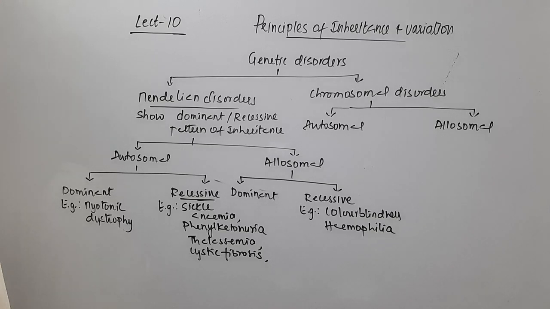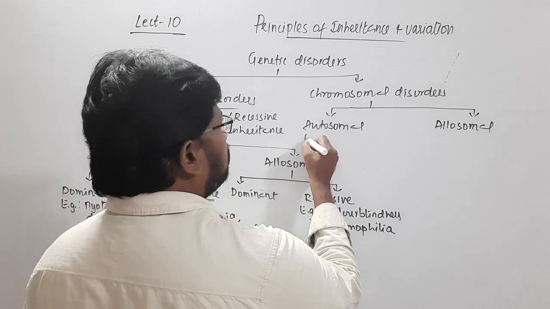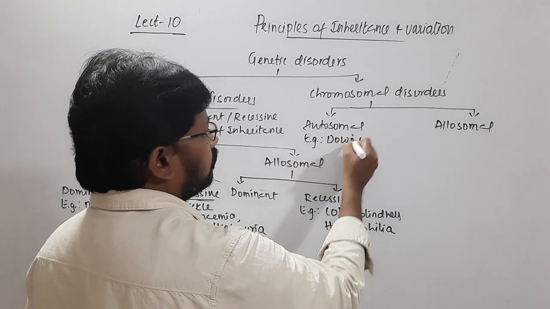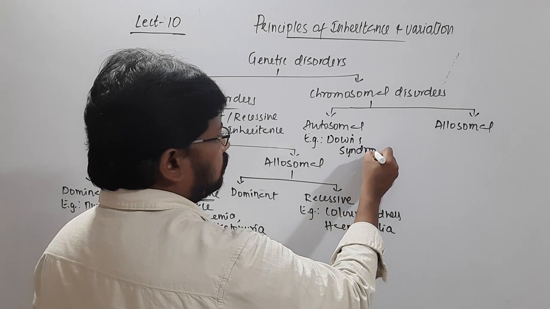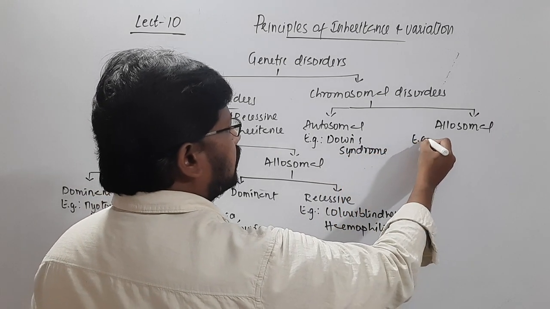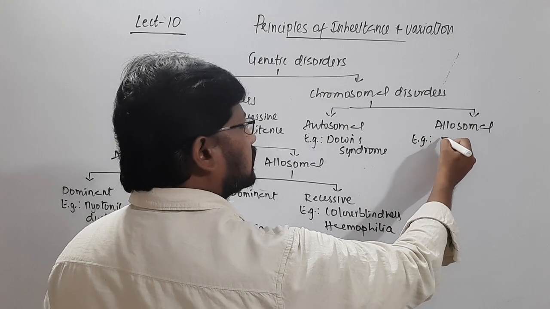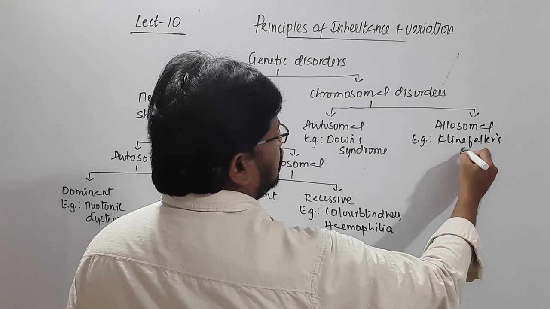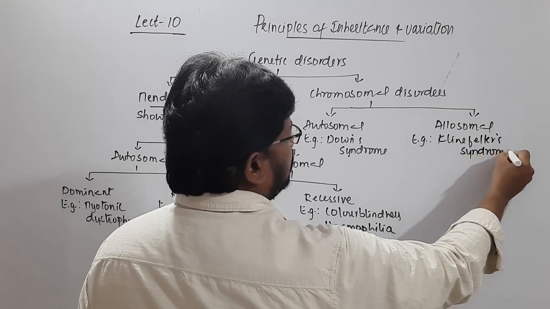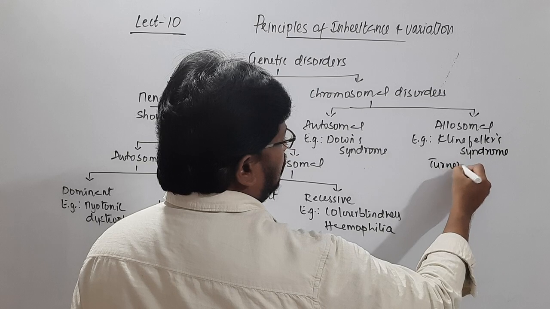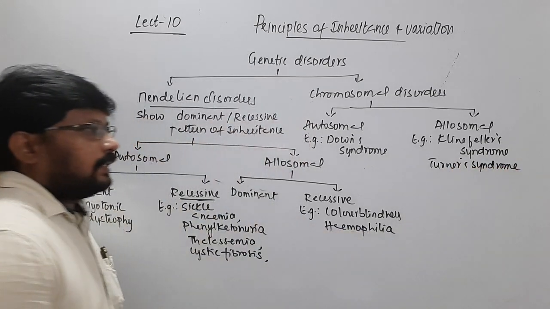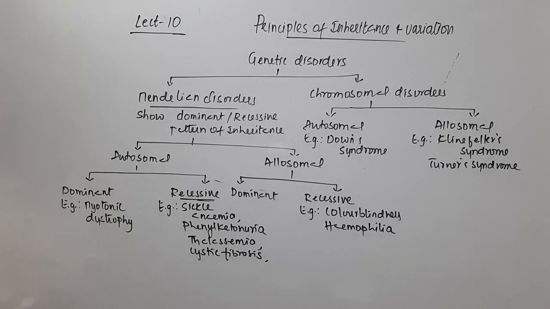Under autosomal I will be discussing Down's syndrome, and under allosomal we will discuss Klinefelter's syndrome and Turner's syndrome. These are some examples that at present I will be discussing.